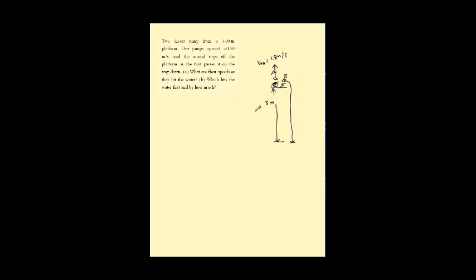We need to find first of all the velocity at which the two divers hit the ground. So we need to find VA and we need to find VB. In order to find VA, we can simply apply the equation of motion VA squared equals V0A squared plus 2a times x minus x0.